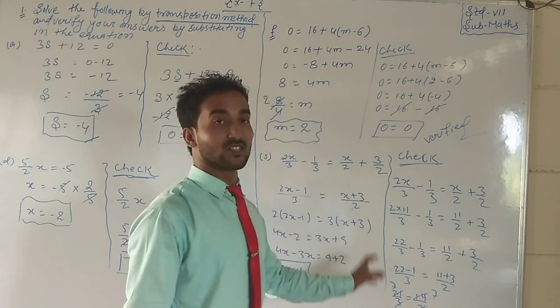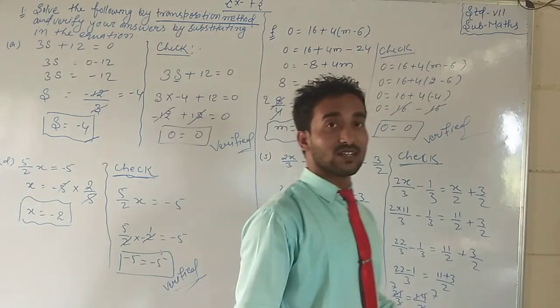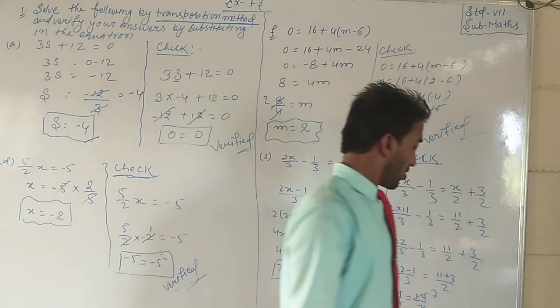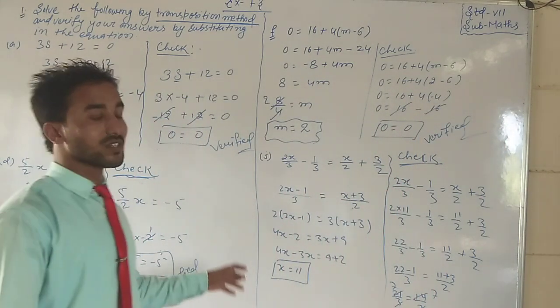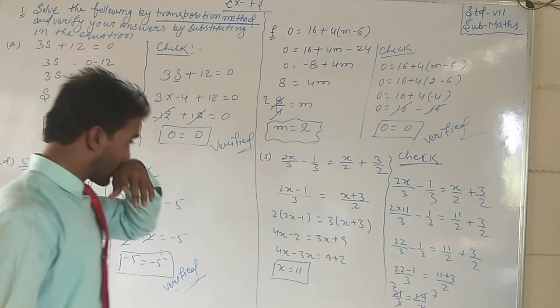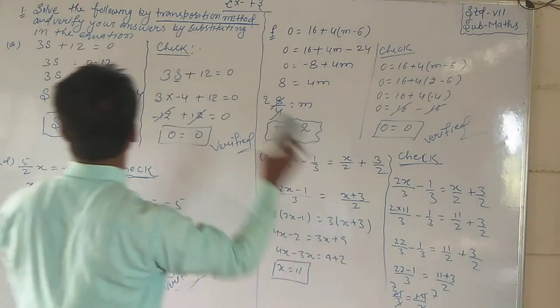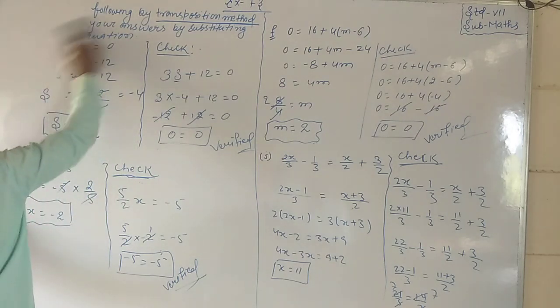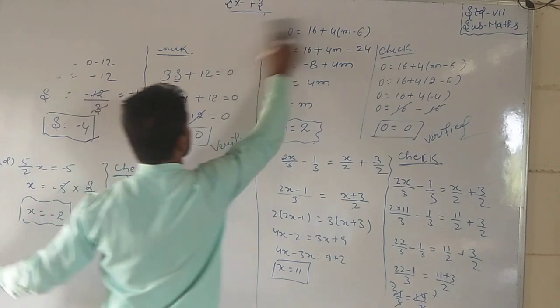It means this equation is satisfied. All the answers are correct. Equations are satisfied. Students, I hope you have understood. So we will do question number 2, and the rest of the questions are for you to solve.